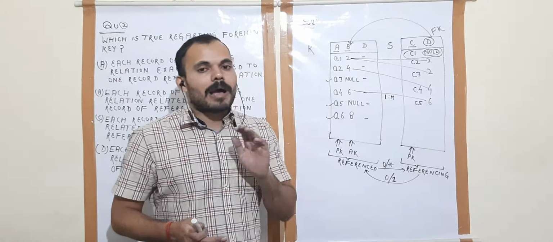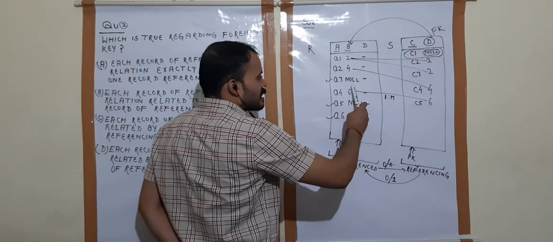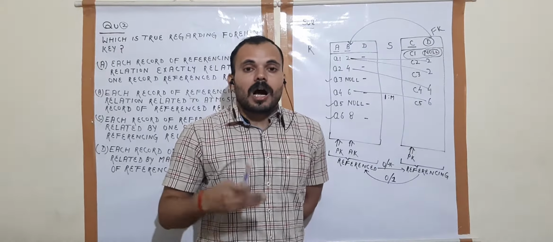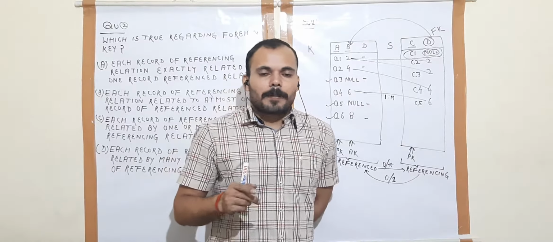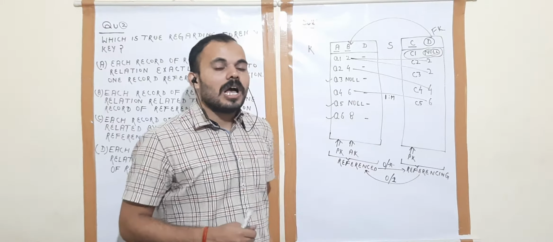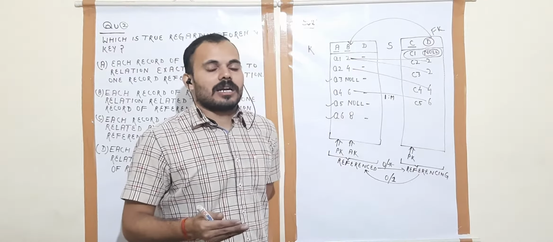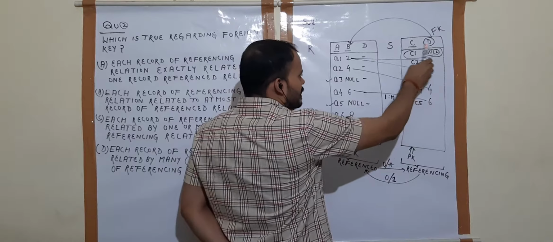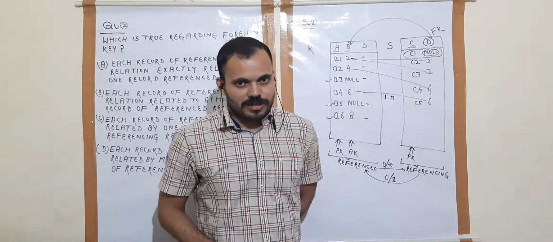So we don't do mapping of nulls. We can do mapping of this null with this null, but null means unknown, unexisted. So it makes no sense in practical life to map an unknown value to an unknown value or an unexisted value to an unexisted value. That is the reason this record C1 null is out of the referential integrity constraint.